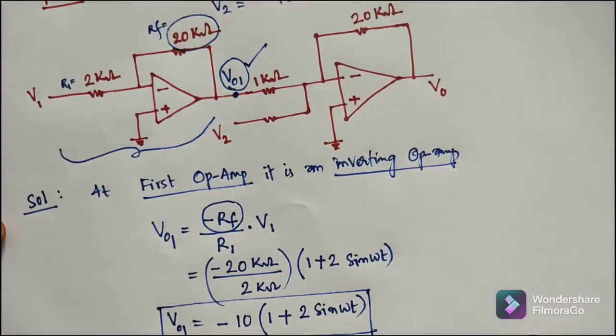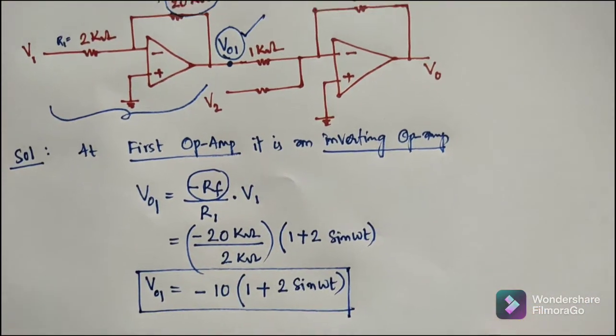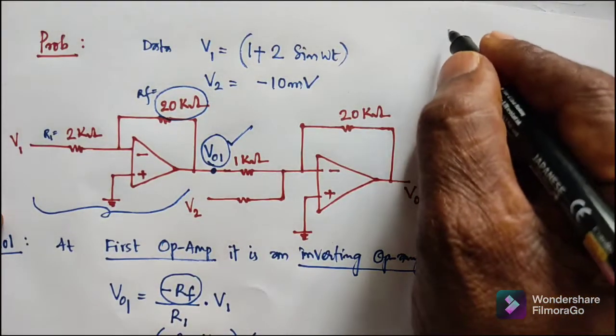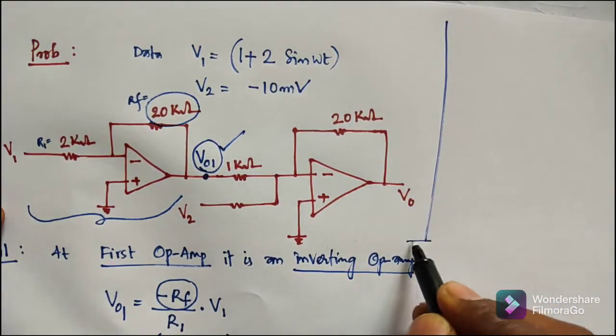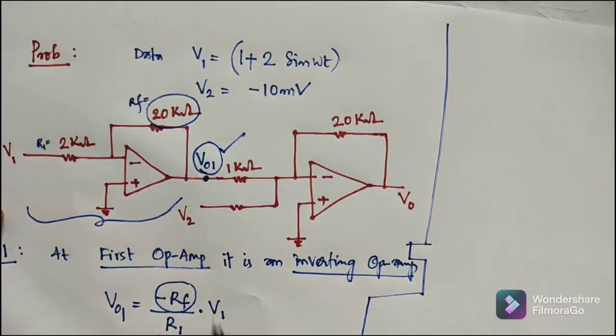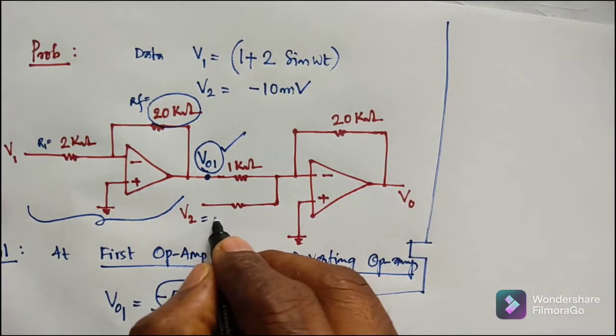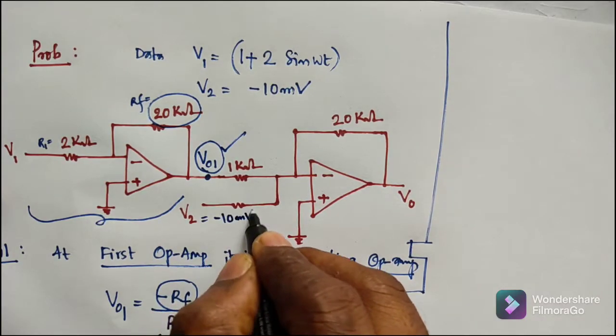So far we have the V01 value. Now we have to calculate the overall expression. For this problem, you know the V01 value and the V2 value, which is minus 10 millivolts.